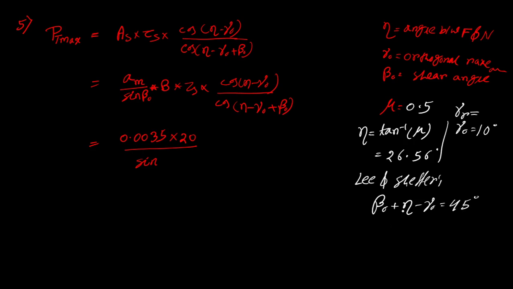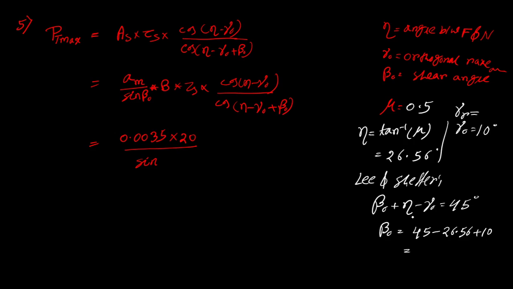So from here you can put the value of eta and gamma naught, then you can find beta naught as 45 minus eta, 26.56, plus gamma naught, 10. So from here you will get the value of beta naught.